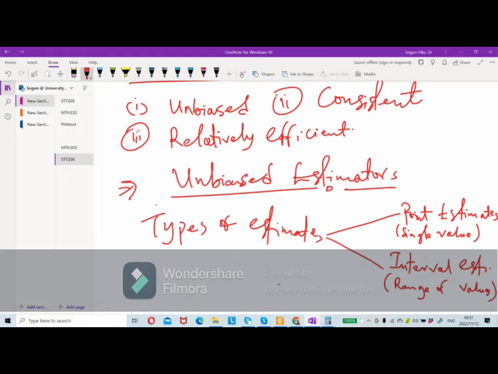So when we have the range of values, a confidence interval is an interval estimate. Don't forget, with a specific level of confidence.